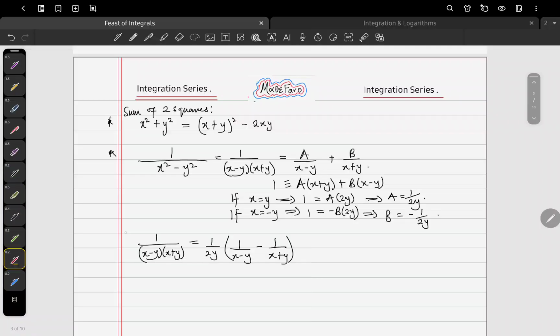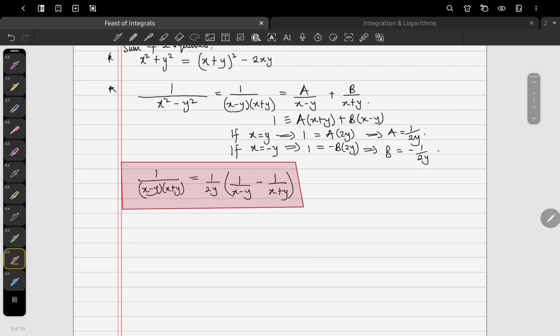Another vital identity that we're going to need. So I'm doing this now so that I don't have to do it along the line of the solution. All right, so we also need to remember that the integral of 1 over x squared plus a squared dx is equal to 1 over a tan inverse of x over a.